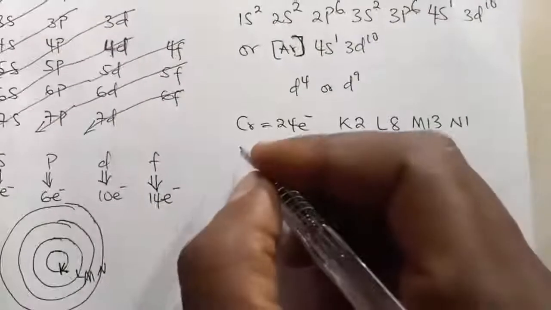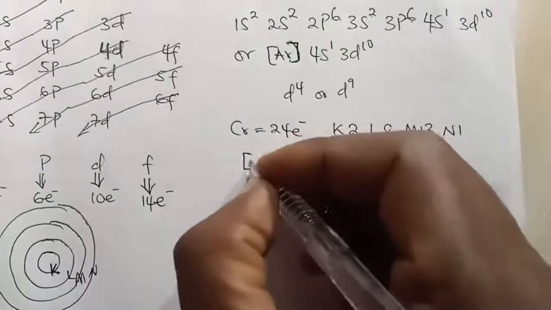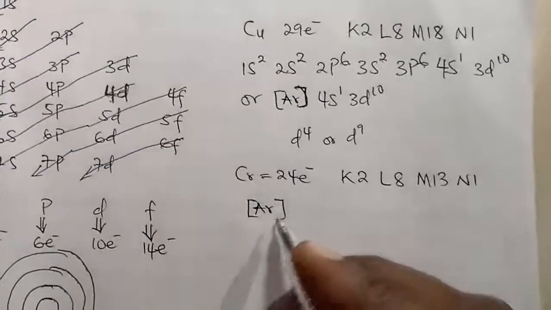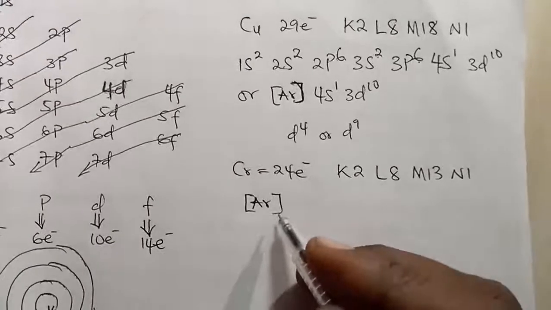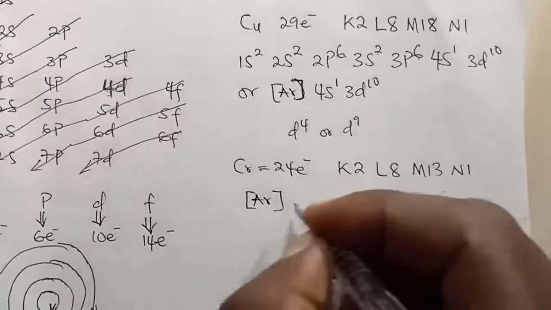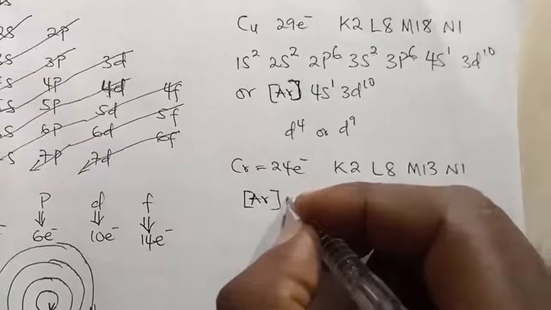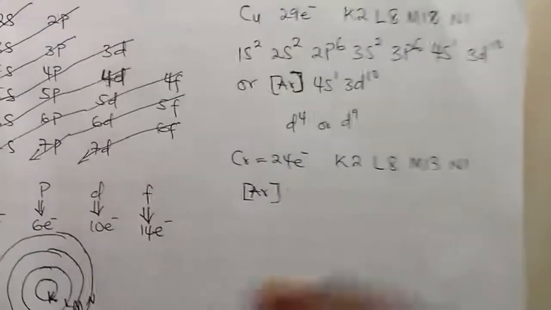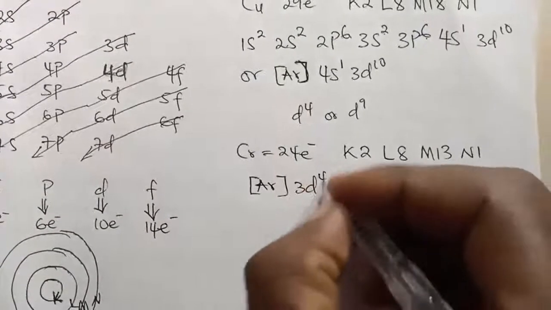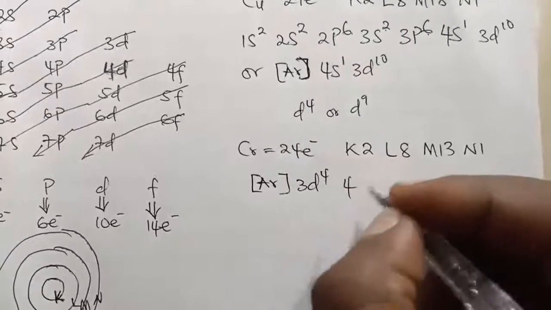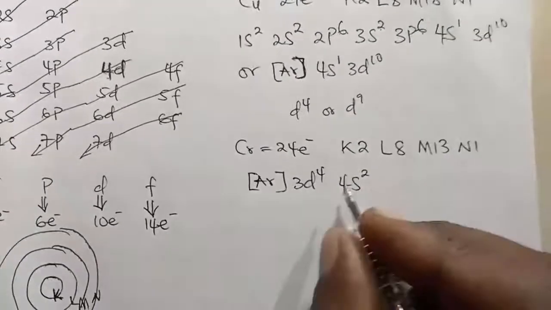Now, what anybody would have loved to write is, since argon has 18 electrons, 18 is already gone, which means 6 is left. So the person would have just written maybe 3d4, and then filled 4s2.